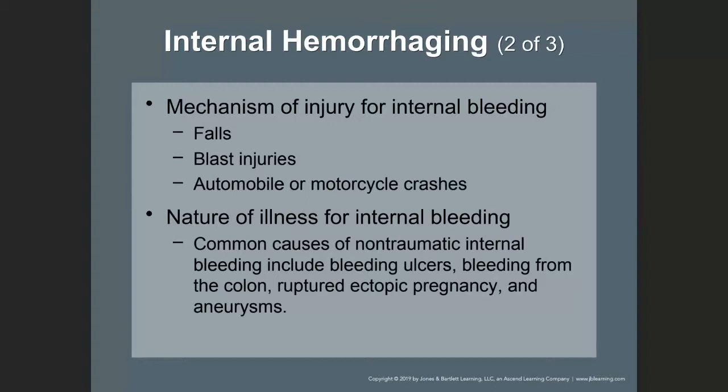The mechanisms of injury for internal bleeding: falls, blast injuries, automobile or motorcycle crashes. The nature of illness for internal bleeding: common causes of non-traumatic internal bleeding include bleeding ulcers, bleeding from a colon, ruptured ectopic pregnancy, and aneurysm.